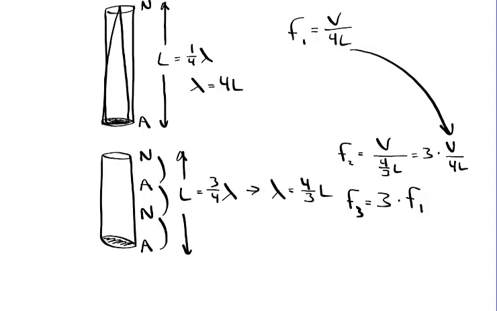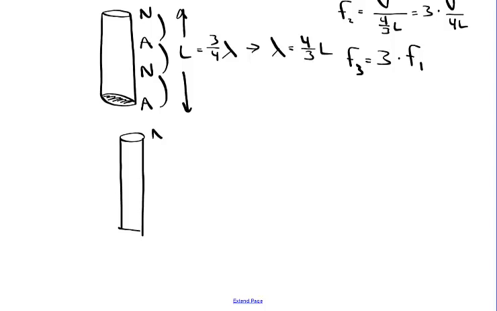We can't get that. If I do this again, just for the sake of continuing the pattern, we're going to get node, antinode, antinode, node, antinode, node.